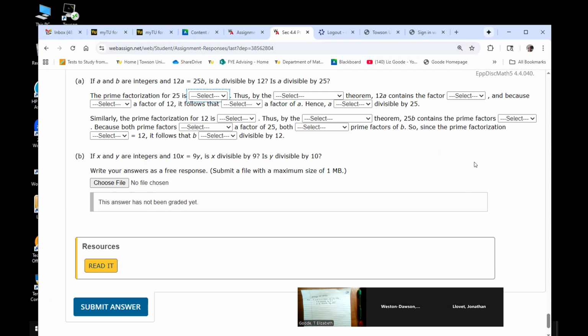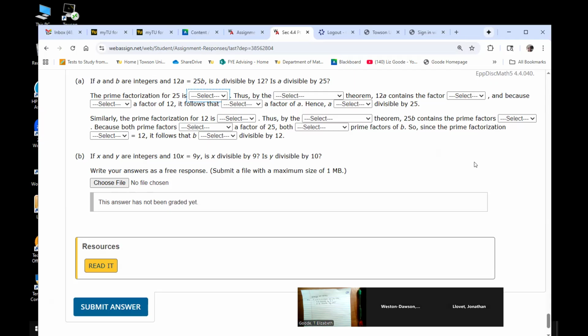So I say to myself, okay, both 12 and 25 are composite. Just taking those numbers by themselves, I'm going to be able to split those up into 2 squared times 3 in the case of 12, and 5 squared in the case of 25. So far, so good.